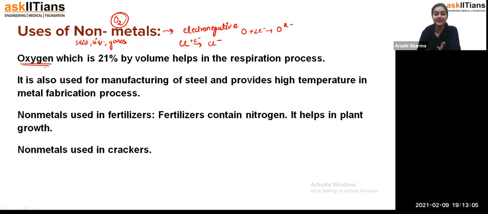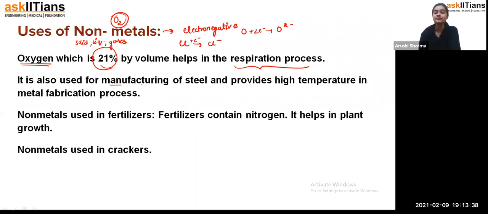Not only us, animals and plants, all living beings require oxygen. Even plants require oxygen for their respiration process. So every living being requires oxygen. Oxygen, which is 21% by volume, helps in the respiration process, and we have oxygen in our surroundings. That is the main use of the non-metal.